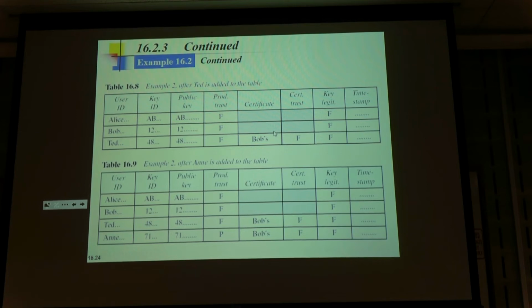So now Alice adds Ted to the table. Ted is fully trusted. However, for this particular user, Alice does not have to call Ted. Instead, Bob, who knows Ted's public key, sends Alice a certificate that includes Ted. So Bob sends a certificate to Alice with the key of Ted.